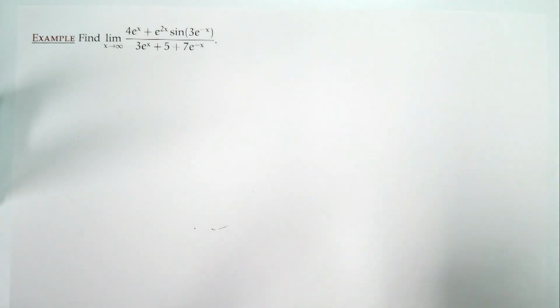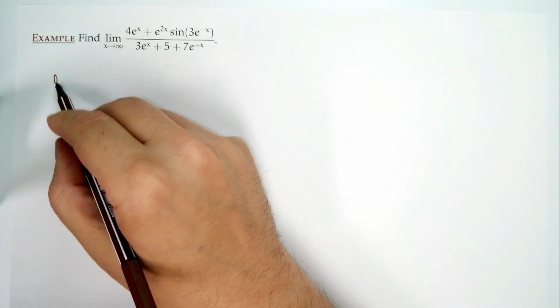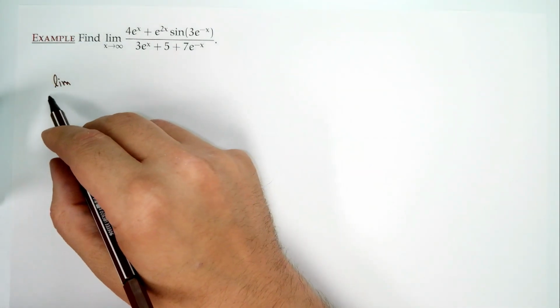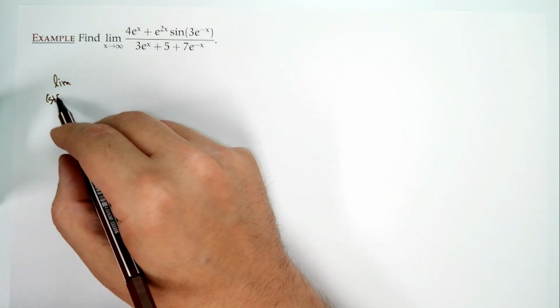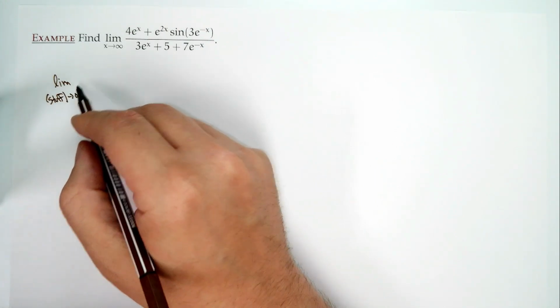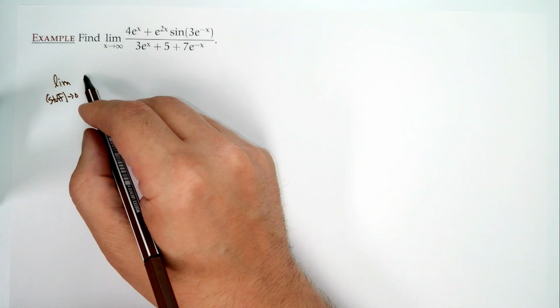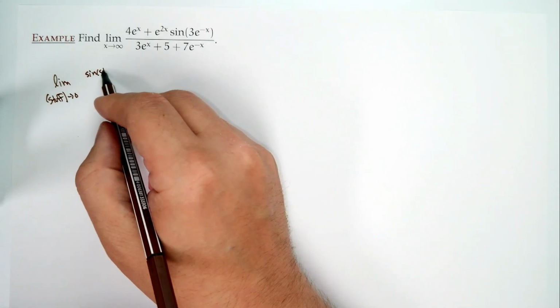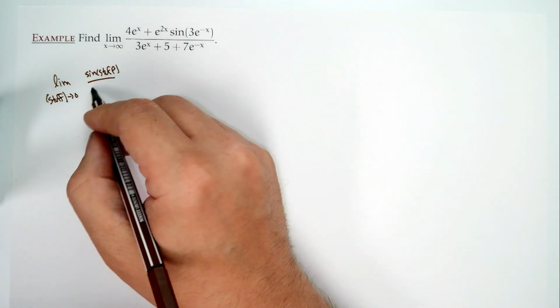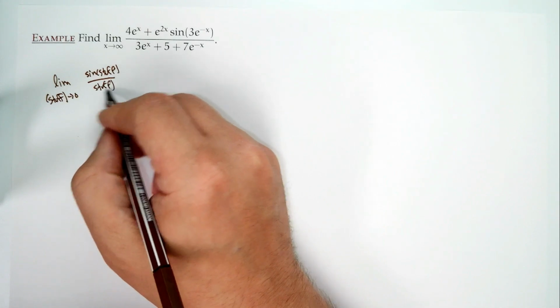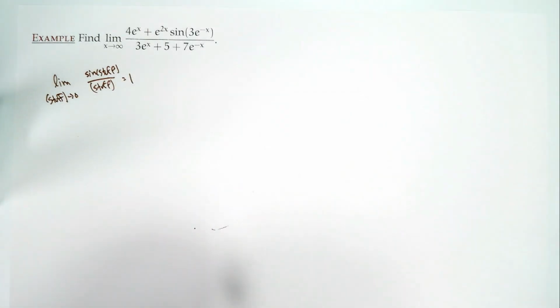There's a basic philosophy that when you see something with sine, we go back and think of the rule: limit as stuff goes to 0 of sine of stuff divided by stuff is 1. So that's always in the back of our mind.